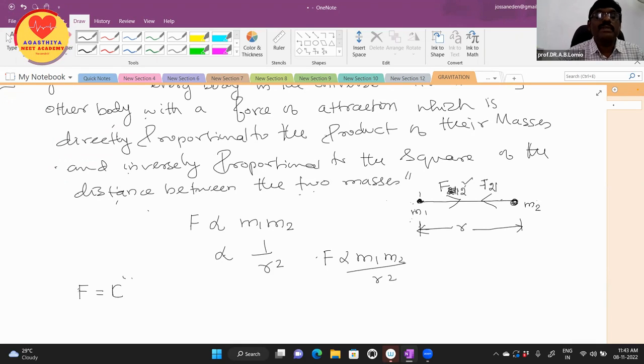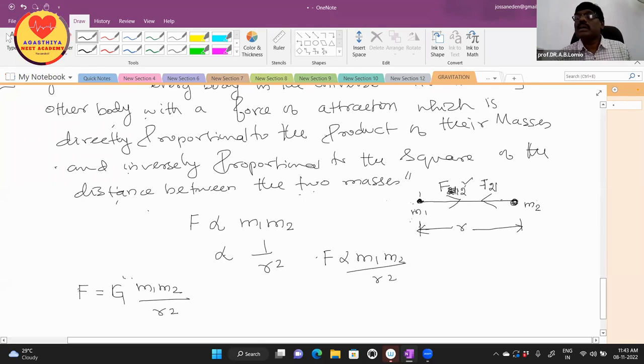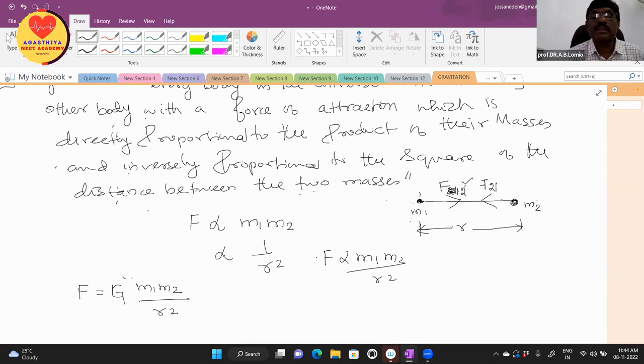In this case, we are introducing the term G, gravitational constant: F equals G M1 M2 divided by r squared. G is the constant of proportionality, or universal gravitational constant. It will be the same for any body in the universe.